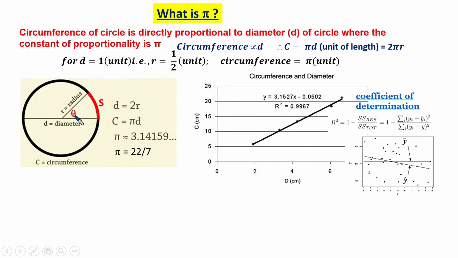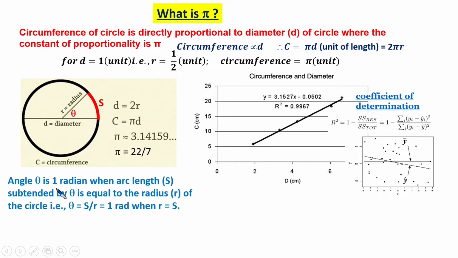Here I have tried to explain what a radian means. The angle theta is 1 radian when the arc s is equal to the length of the radius. When this length and this length are both equal to s, the angle subtended is 1 radian.